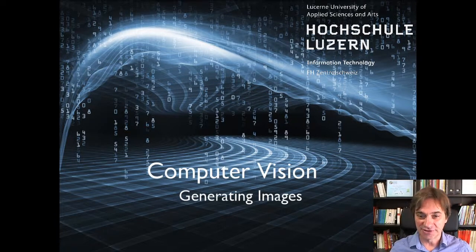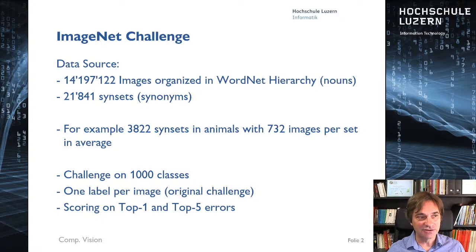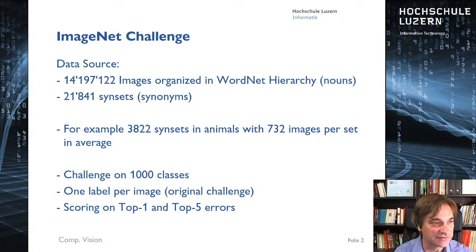So let's first look a little bit at this topic of different network architectures. First, how are all of those networks compared, or what are they trained on? One large data set that a lot of networks have been trained on is the ImageNet data set, together with the ImageNet challenge.